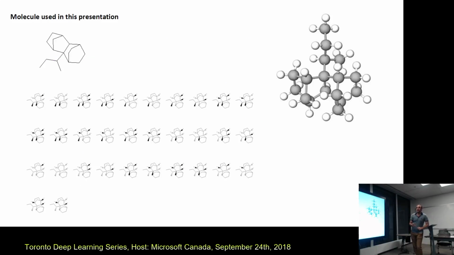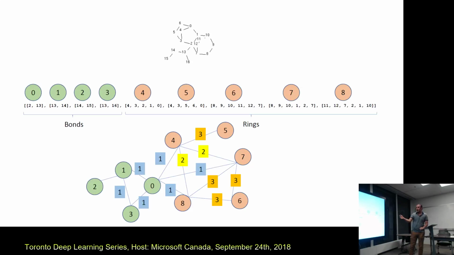All right, so we're going to use the structure on the top left-hand side of the slide. This is the three-dimensional structure of the molecule. Don't worry about these structures. If you want to talk about why they're important, we can talk about that after the talk. Now, let's start with this example. This is the molecule that I will use. We start by numbering each of the atoms, so each of them is assigned an index.